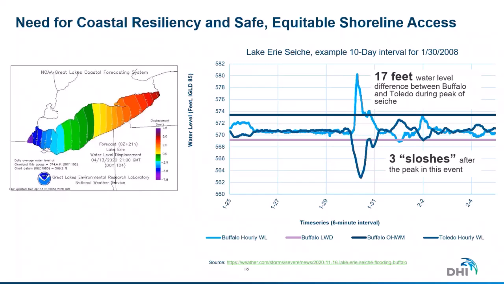And during large storm events, specifically when winds are driving towards the northeast, you can get significant water level differences, up to 17 feet across the lake between these cities. And this drives a lot of the water towards the northeast, and it piles up on that side of the lake, creating a significant storm surge and thus a significant flood risk.